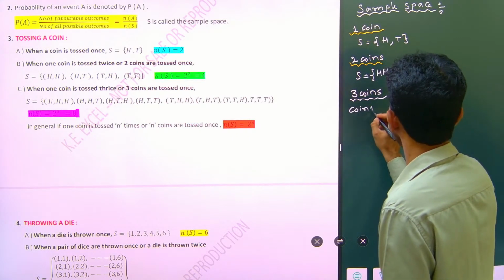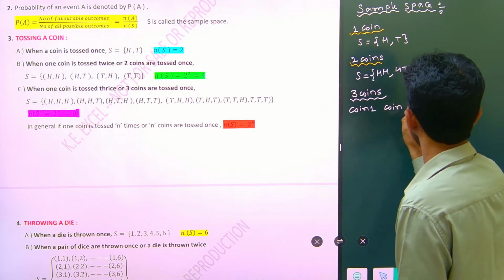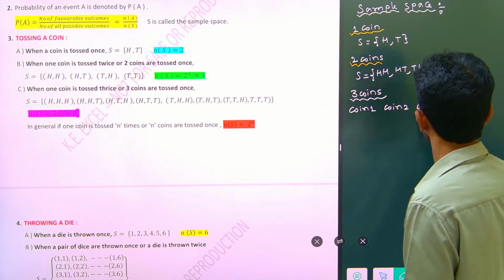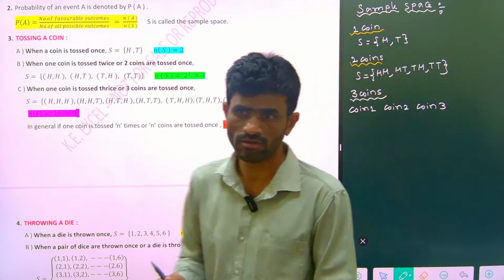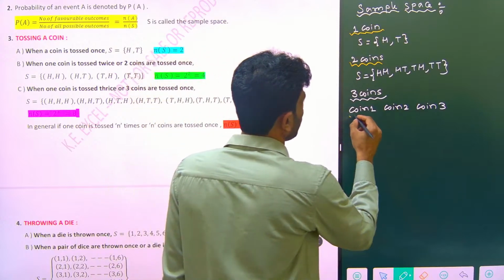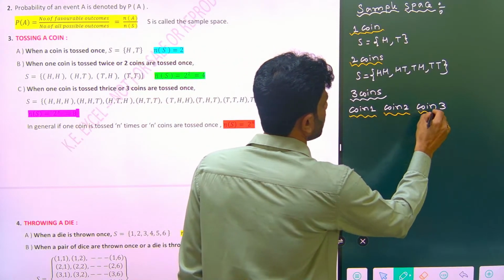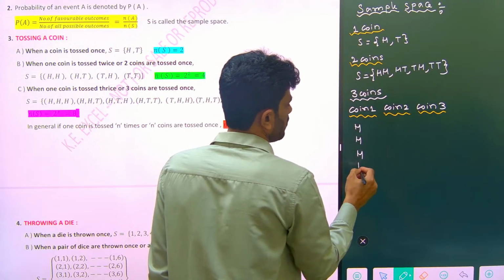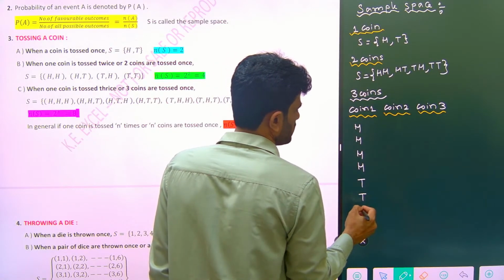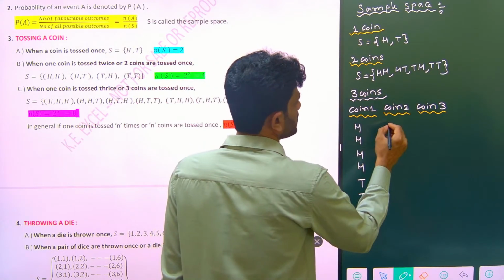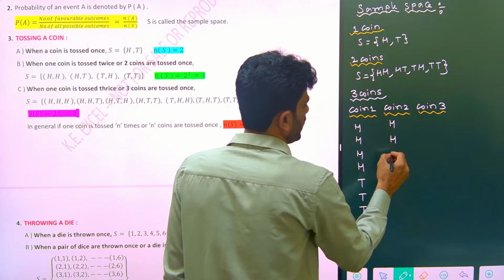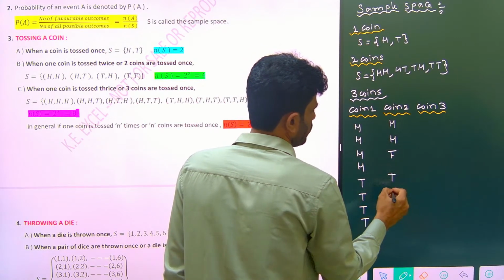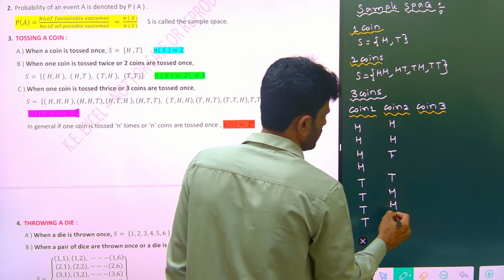Coin 1, coin 2, coin 3, right? And here how I said to follow? On coin 1, 4 heads continuous and 4 tails continuous. And then next coin, 2 heads, 2 tails. Again 2 heads, 2 tails.